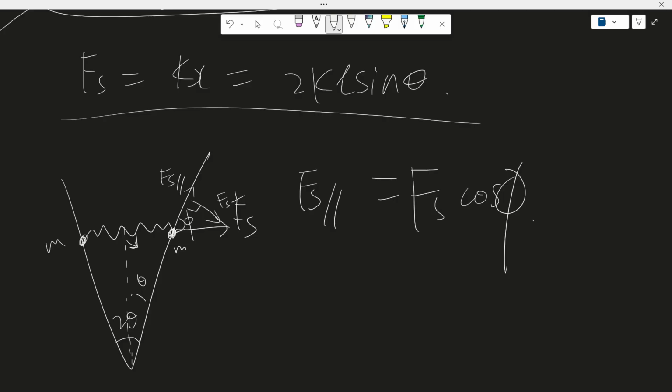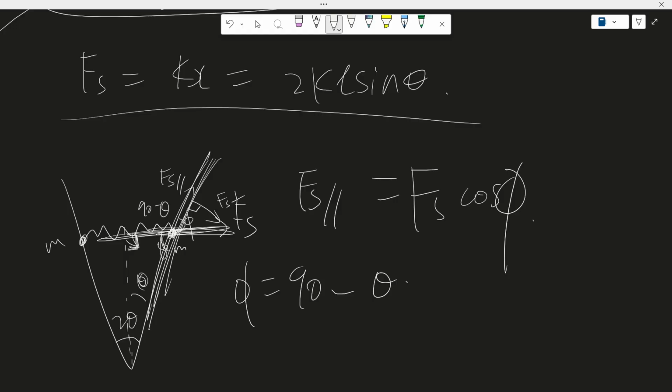And now we know this is a right triangle because this is an equilateral triangle. And so if this is theta, this is 90 degrees, this must be 90 minus theta. And then phi should be equal to 90 minus theta. Why? Well, because we have lines here that are intersecting, and we know that this angle is always equal to this angle. And that's why we know that phi is 90 minus theta.